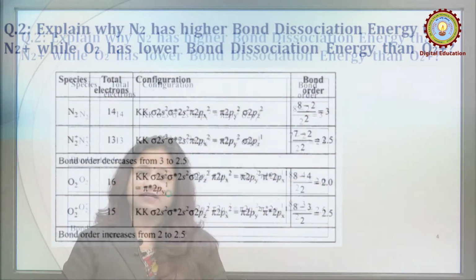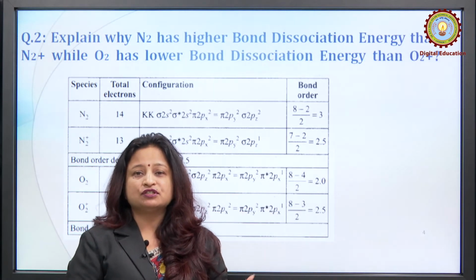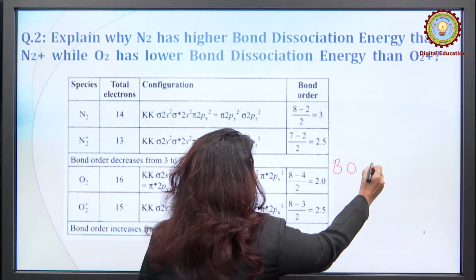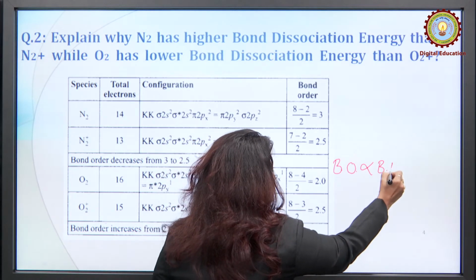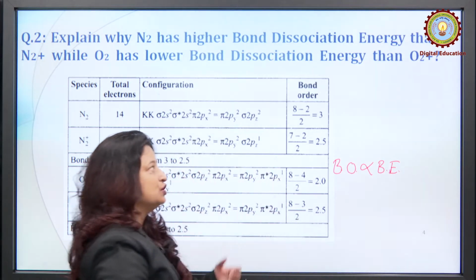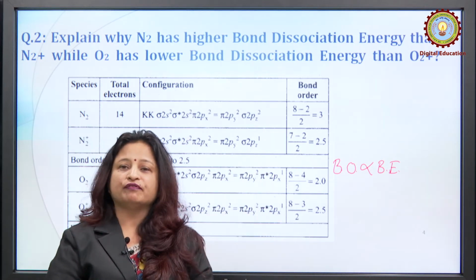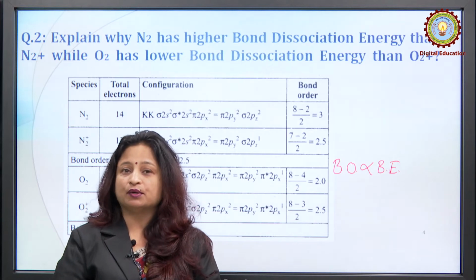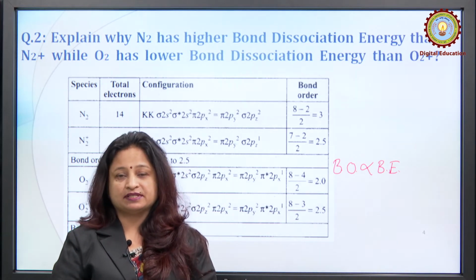So, what does this mean? Since all of us know that bond order is directly proportional to the bond dissociation energy, if the bond order of N2 is greater than that of N2 plus, obviously it has higher bond dissociation energy than N2 plus.